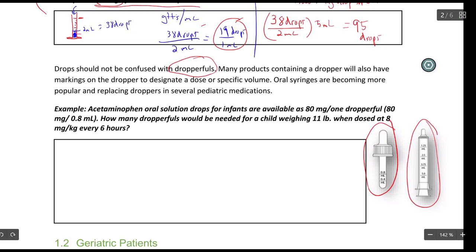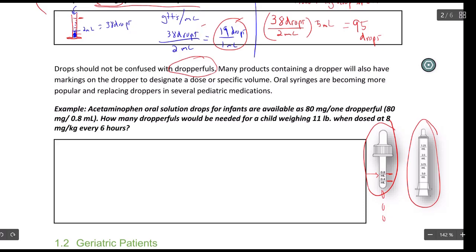These droppers are not something where you count the number of drops like we did. They just look like a dropper, but they have actual mL marks on them. This one says 0.8 and then 0.4. So they are products that you fill to this line. You don't count drops out of the bottle. So they call them dropper fulls.